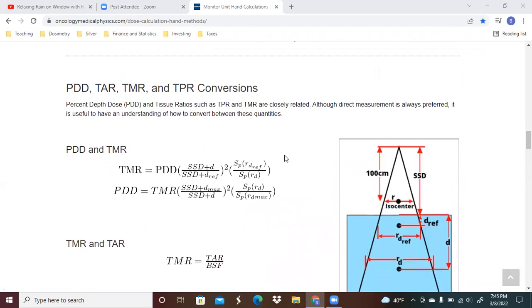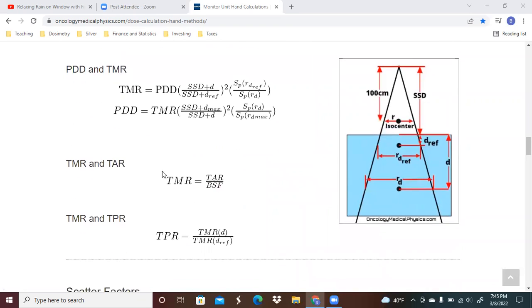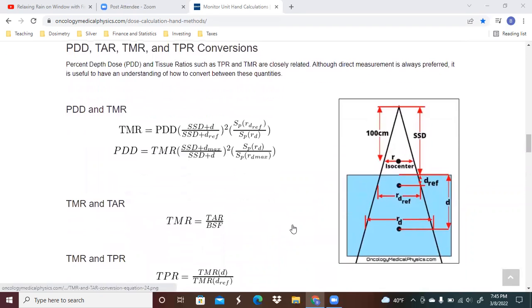Okay, so here you have the equations that allow you to convert from TMR to PDD, PDD to TMR, and you have TMRs to TARs and TPRs to TMRs. There's a lot of derivation that goes along with that.